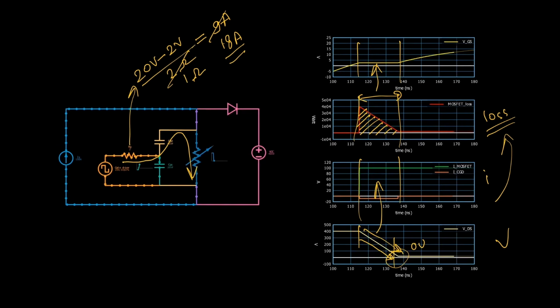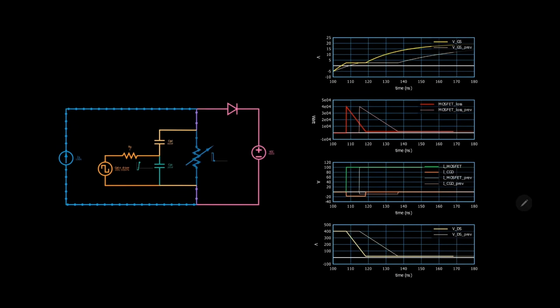Let's rerun the simulation with 1 ohm of MOSFET gate resistance. Alright, that worked. So I have reduced this gate resistor to 1 ohm. Now the CGD current is 18 amps, twice, and that is discharging my CGD much faster. I'm plotting both the waveforms together.